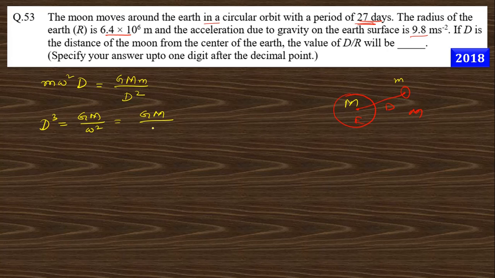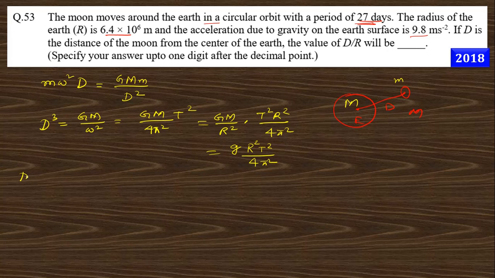Omega is equal to 2 pi by T, so omega square is 4 pi square by T square. GM by r square, we know the acceleration due to gravity, so we can change this to g. So g r square T square by 4 pi square, this is d cube.